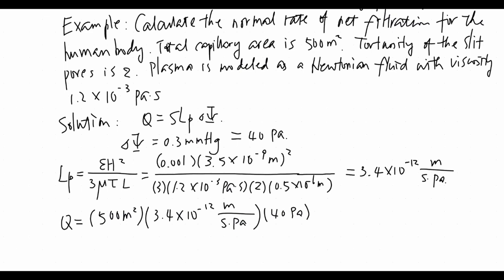Put together, it gives 6.8 times 10 to the minus 8 meter cubed per second. That's the rate of filtration in the body. This amount happens every second, all the time in the body. This is what is happening right now in your body while you are listening to this lecture.